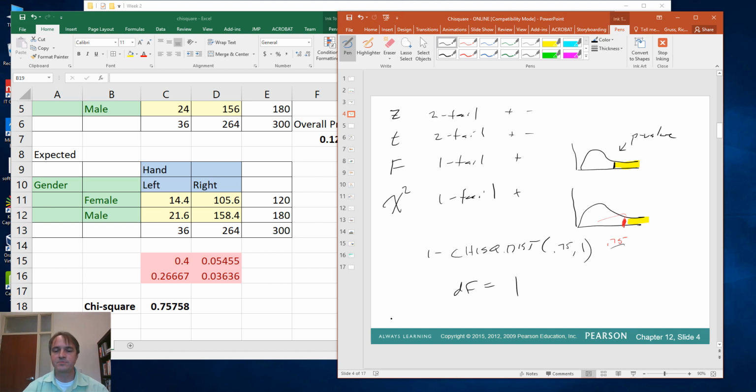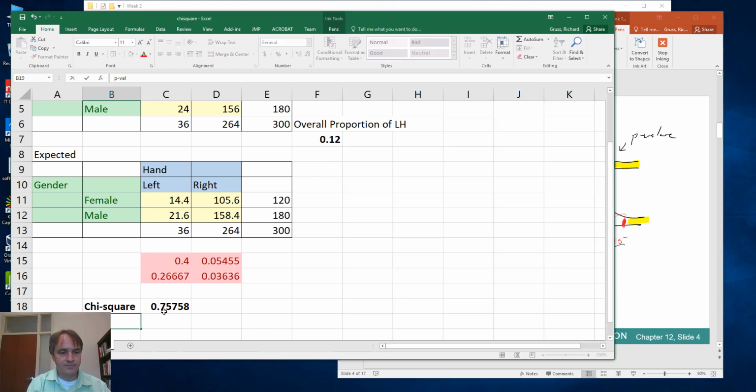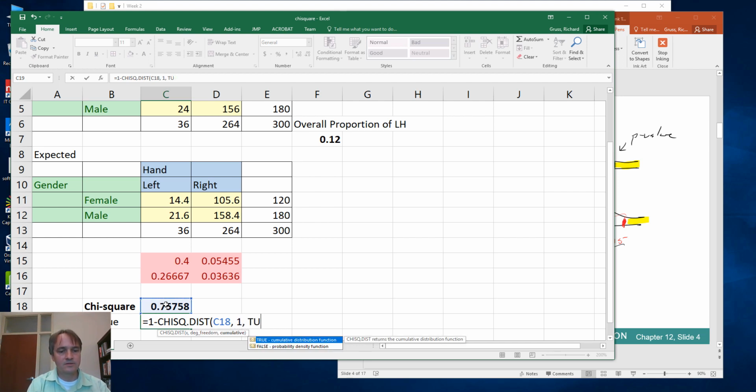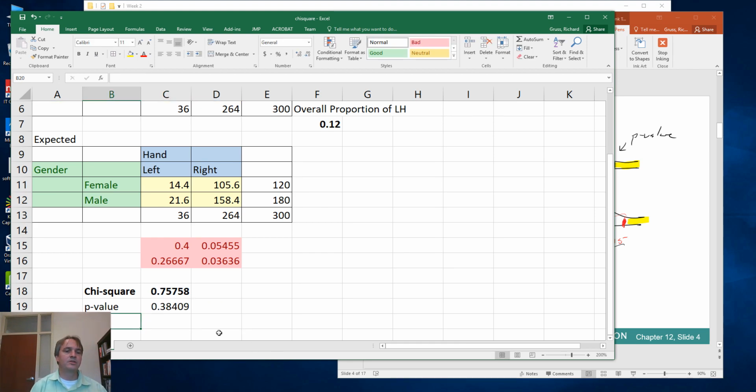Degrees of freedom for this particular test is equal to 1. Okay, so now I just need to find, what's the p-value of this statistic? So it's going to be equal to 1 minus chi-square dist of this, degrees of freedom 1, cumulative true. All right, so the p-value is 0.38.